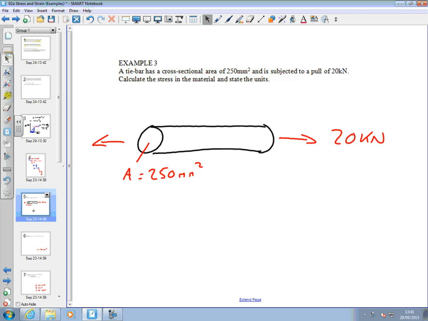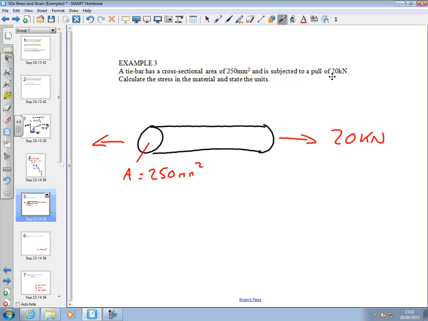So first off, I've no need to worry too much about making sure units are consistent, because I've just got a force, that's in kilonewtons, and an area, square millimeters. So when I calculate the stress, I'm going to end up with a force over an area, so it's a force per unit area. So I use these units.